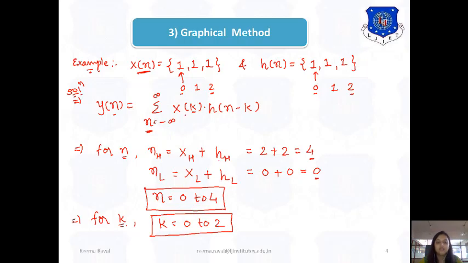Here we have defined the range of n and the range of k. Now we will vary n from 0 to 4 using the given formula and obtain the y of n output. So let's start.